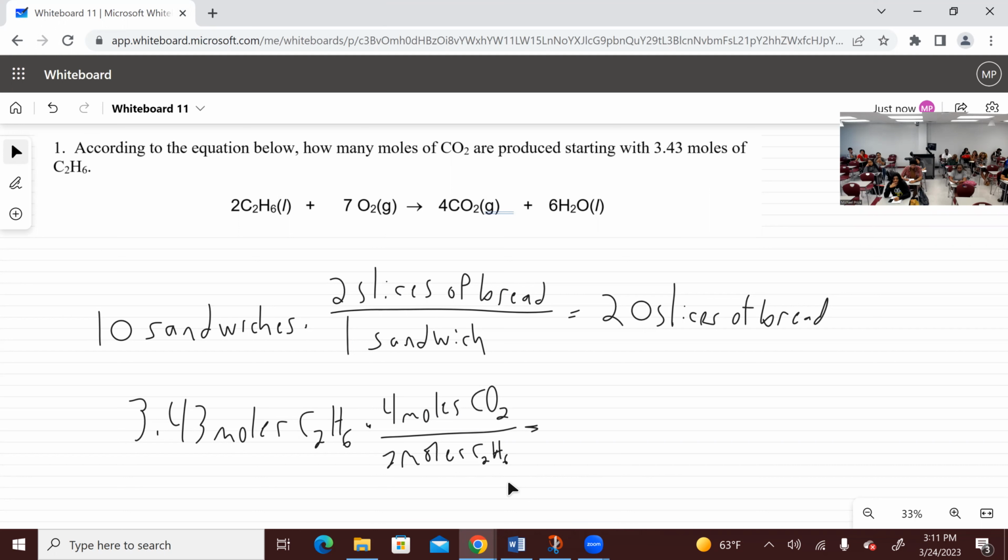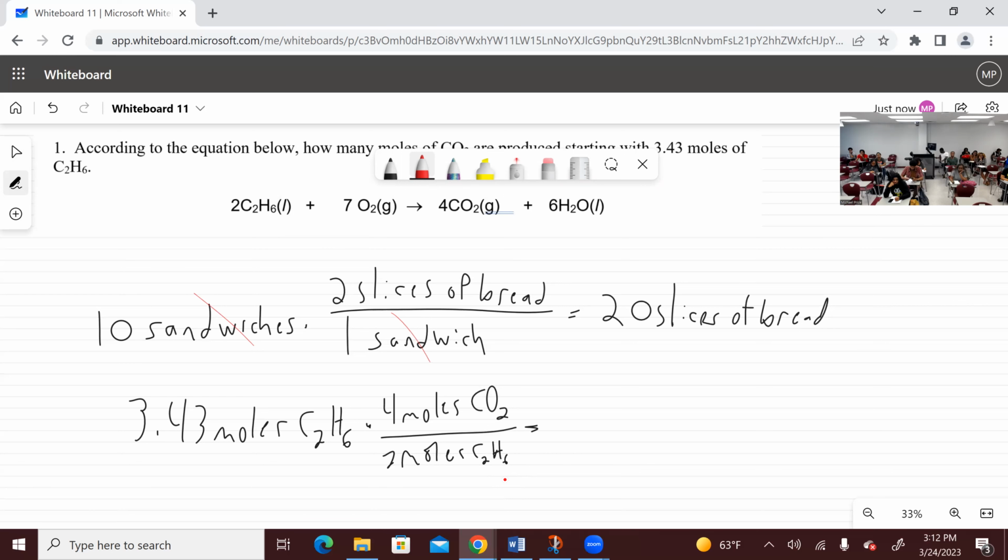I'm going to multiply it by 2 slices of bread divided by 1 sandwich, and of course sandwiches cancel out. I have sandwiches in the numerator of my given, sandwiches in the denominator of my conversion factor, and I'm going to use the red ink pen. Pow. See how sandwiches cancel out? And I'm going to multiply 10 by 2 and divide by 1, and I'm going to end up with 20 slices of bread.